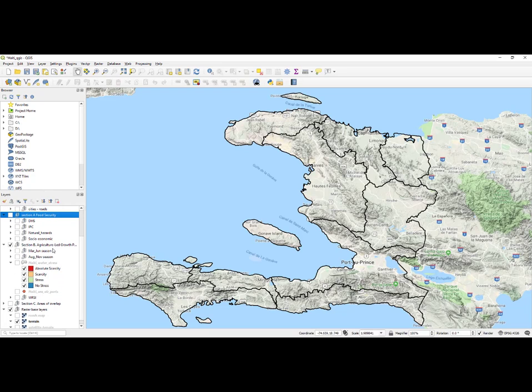Section B includes water stress and agricultural potential productivity, and that's why we're doing this analysis. Section C will be areas of overlap between different projects, both AID projects and projects from other agencies.